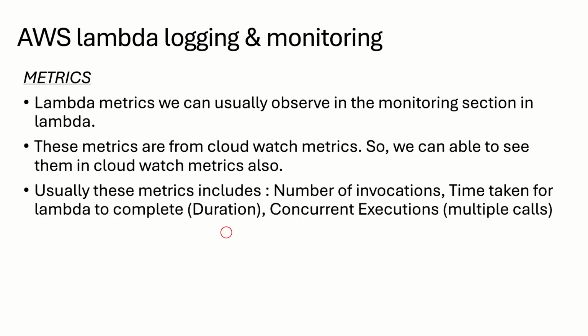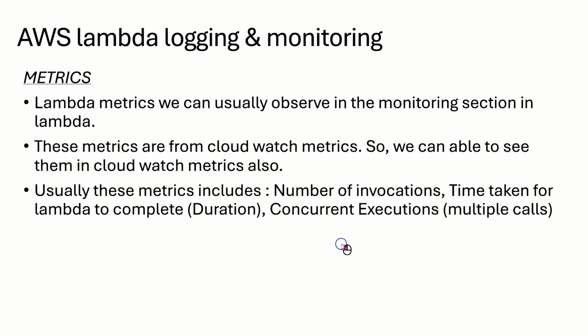Also the concurrent executions. If it is an asynchronous way of executing Lambda and multiple calls are coming to the Lambda to invoke it, multiple Lambdas are invoked in parallel and run in a concurrent fashion. So how many concurrent executions happen for that particular Lambda?